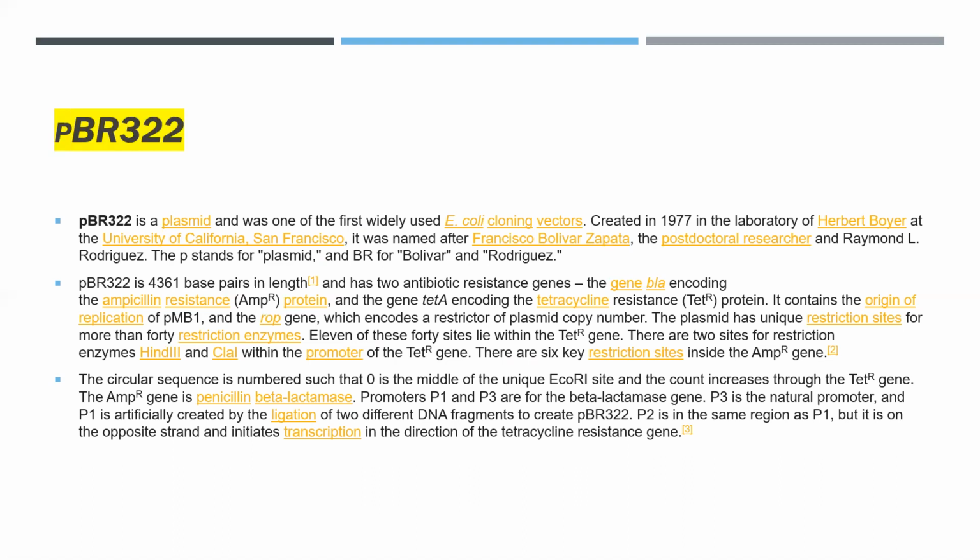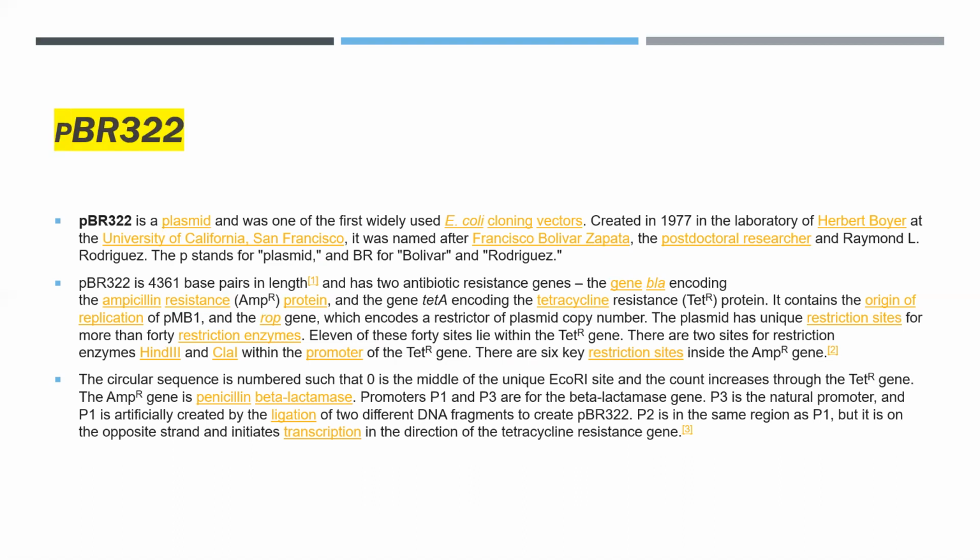The gene encoding the ampicillin resistance protein, AMP, and the gene TET encoding the tetracycline resistance protein. It contains the origin of replication of pMB1 and the ROP gene. The ROP gene encodes a protein which restricts the plasmid copy number.